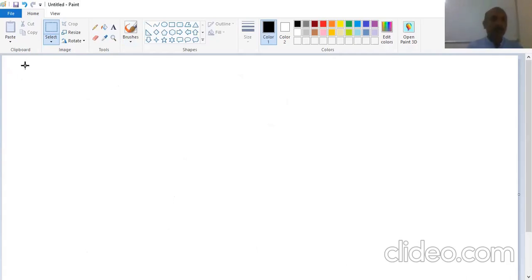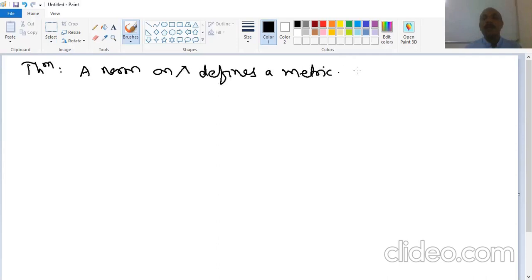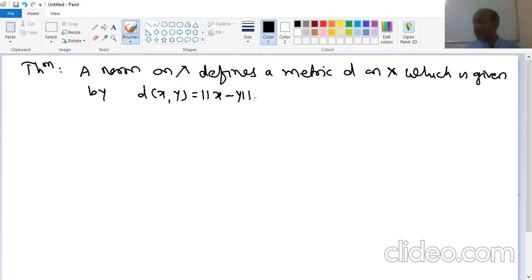A norm on X defines a metric d on X, which is given by d of x, y is equal to norm of x minus y, for x, y belongs to X. It means we have to show that this function defines a metric.